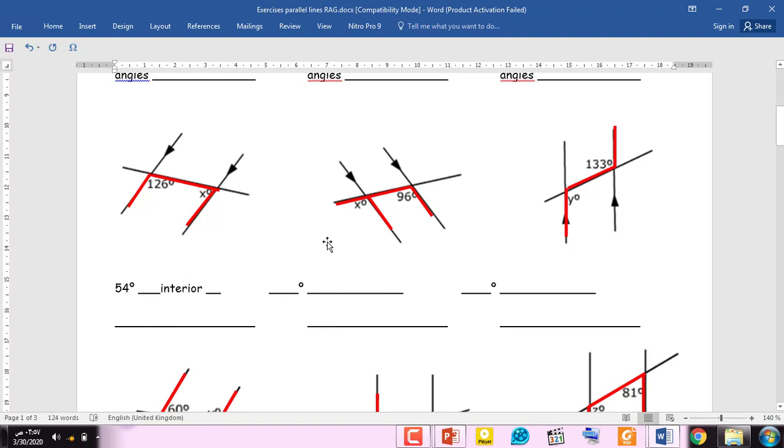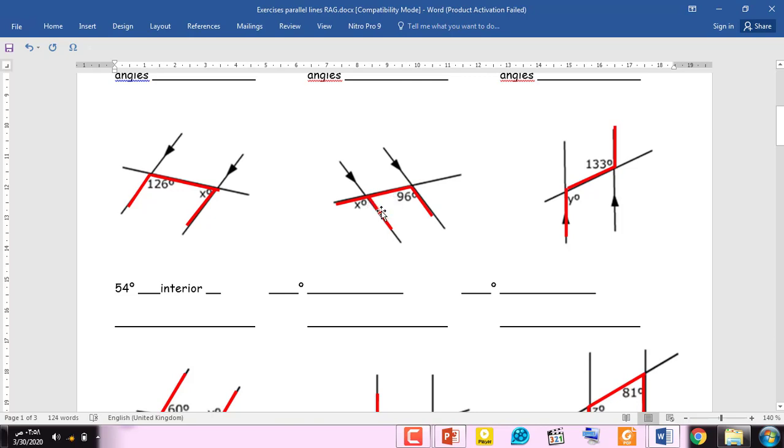The same thing here, we have x and 96. 96 degrees and x are not interior angles. I can form an F shape here, so these two angles are corresponding.